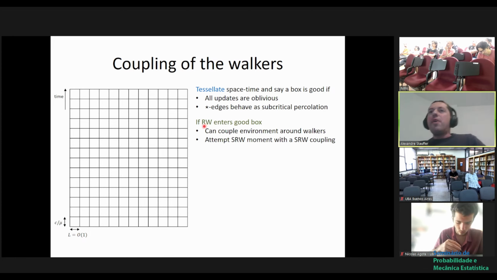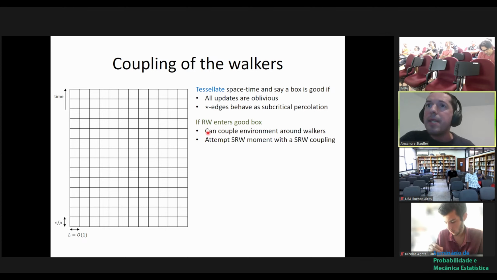The idea here is the following. When the walker enters a good box, I want to take these moments to help couple the environments, because I'm doing oblivious updates everywhere. So I can help couple the environments this way. And I will want to attempt a simple random walk moment. Remember, in a good box the percolation is subcritical, so the walkers are stuck in small boxes, small clusters.